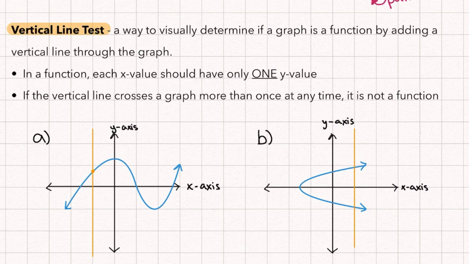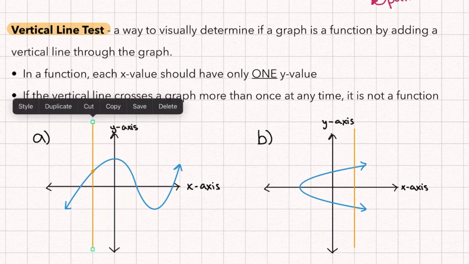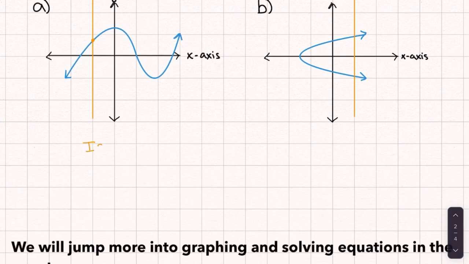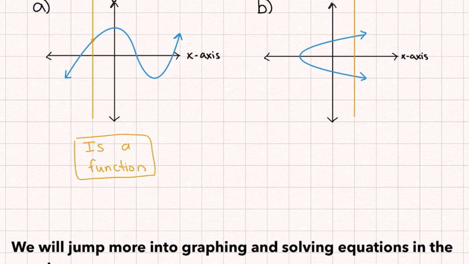As shown here with A and B, and we are going to determine whether or not they're functions with the vertical line test. Now, in example A, here is a line. It passes the graph only once at any given time, which means that example A is a function. It passes the vertical line test.